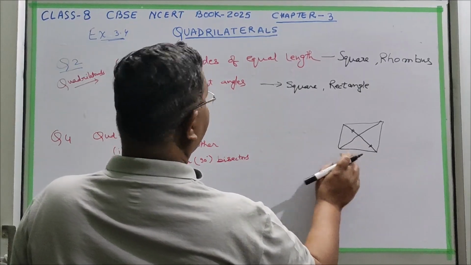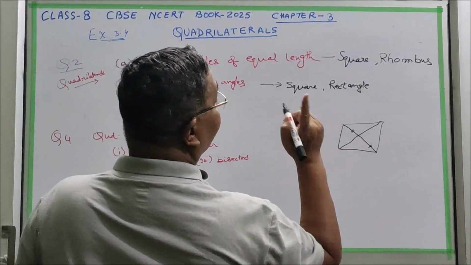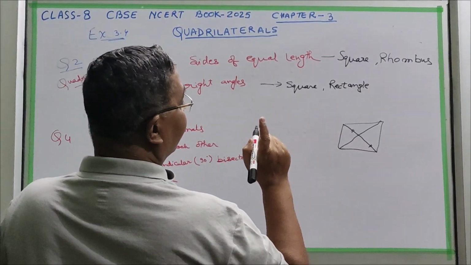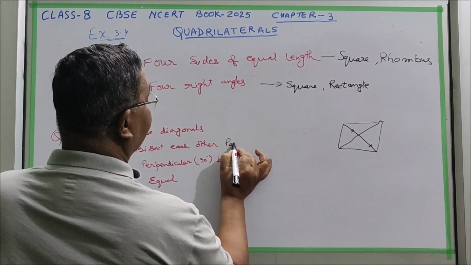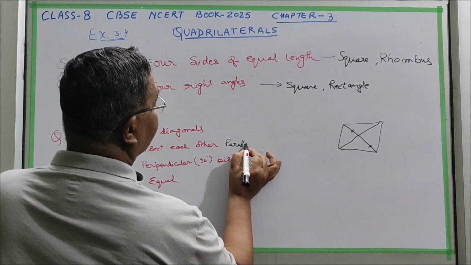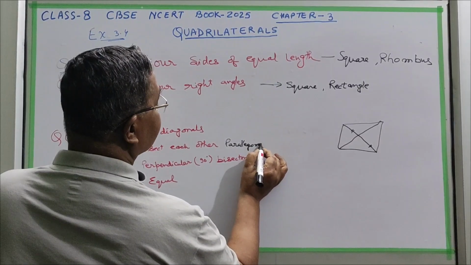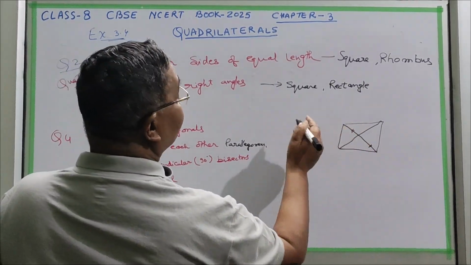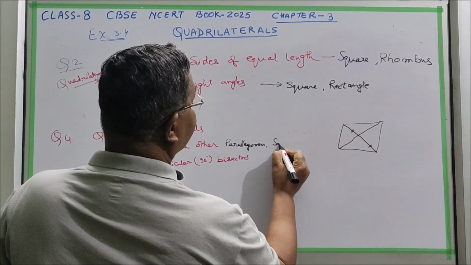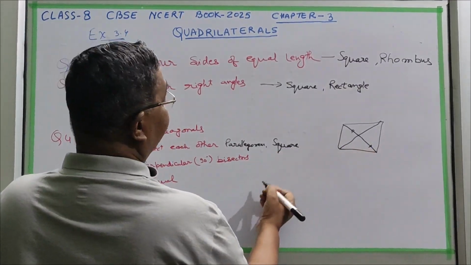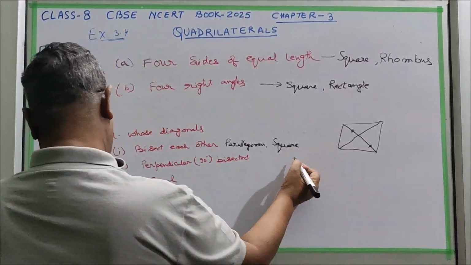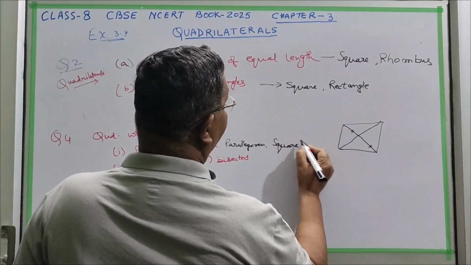We have read that in a parallelogram the diagonals bisect each other, so one will be a parallelogram. Then in a square also they bisect, then a rhombus.